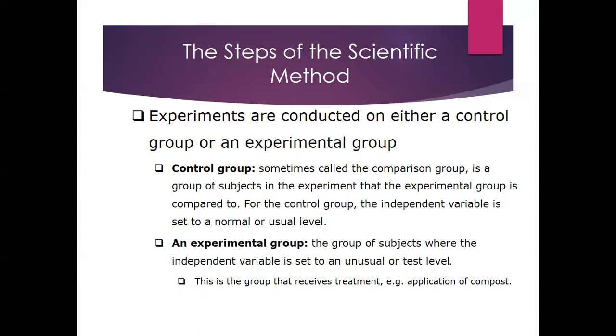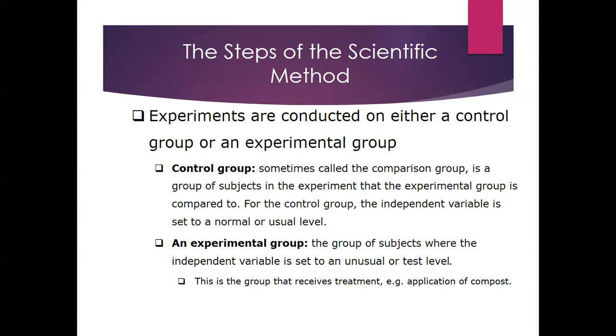You may find there are times you conduct an experiment where, for example, you may want to actually use two sample areas. One sample area or one sample variable may be considered your control group or your control data set because it represents the normal.